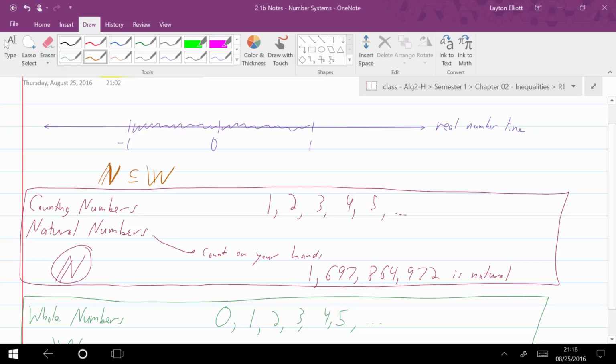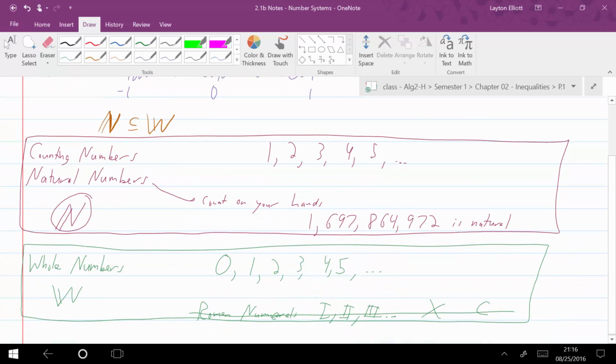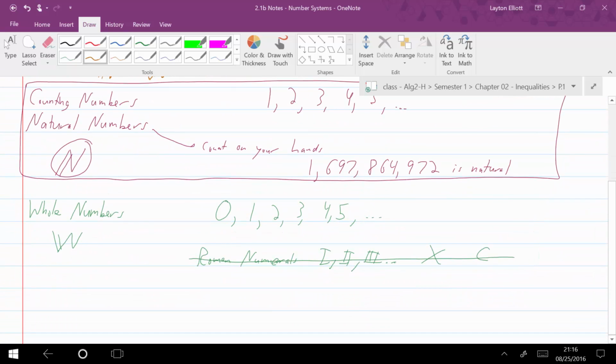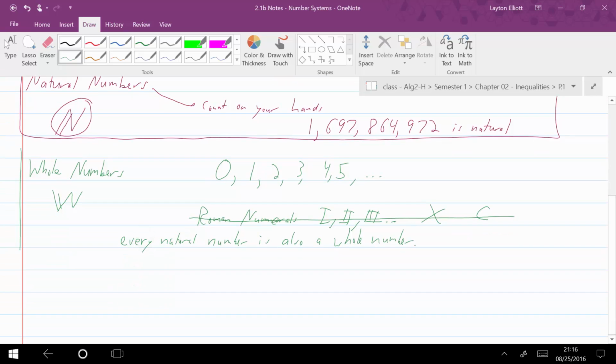And we're going to draw a picture in a little bit that explains that. Every natural number is also a whole number. That's an important distinction to know. Every natural number is also a whole number. So it can be part of more than one set.